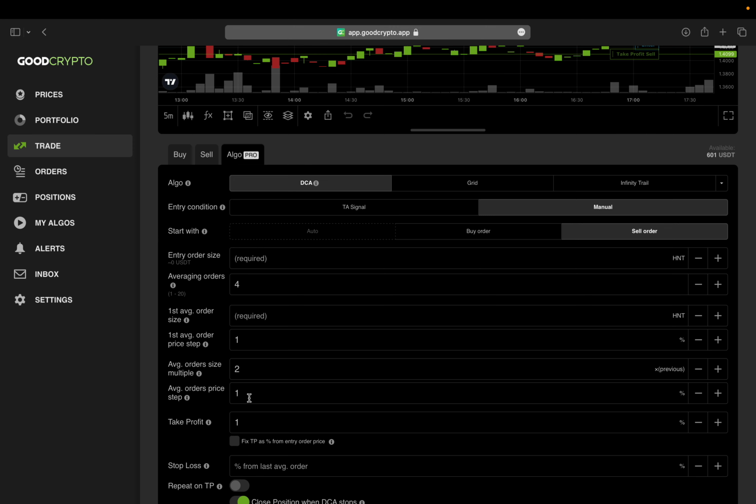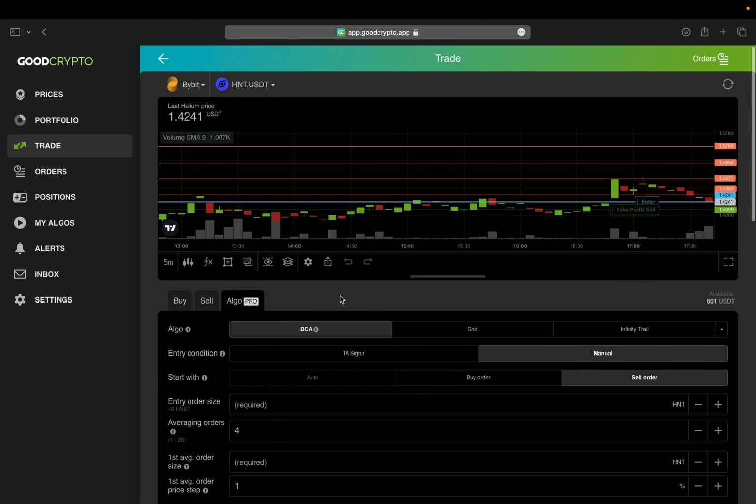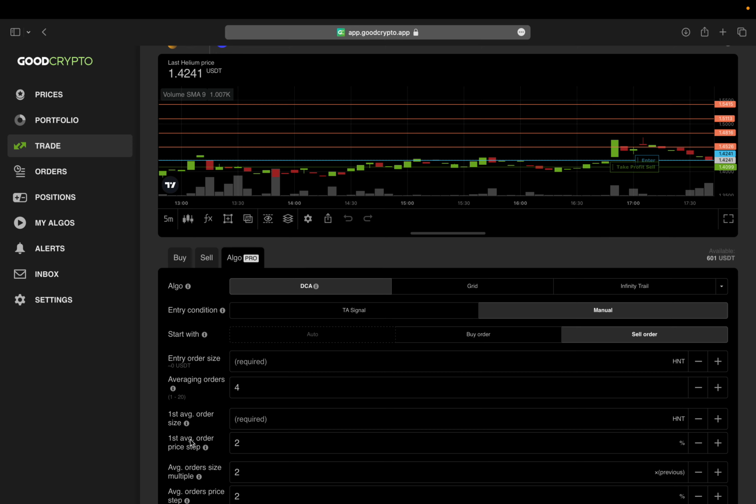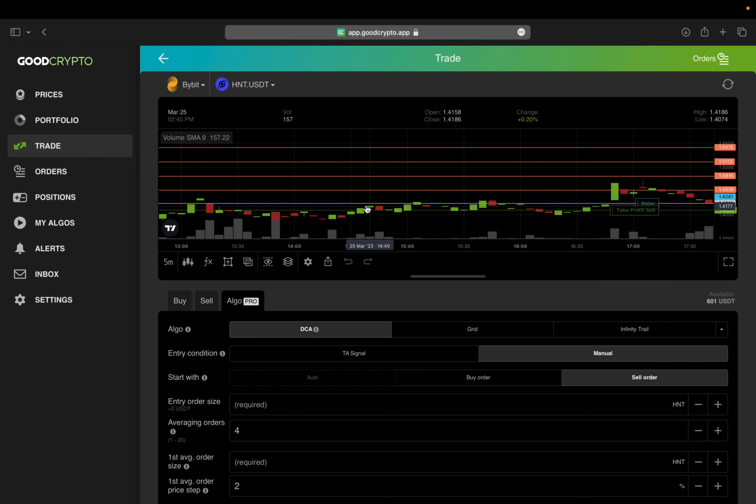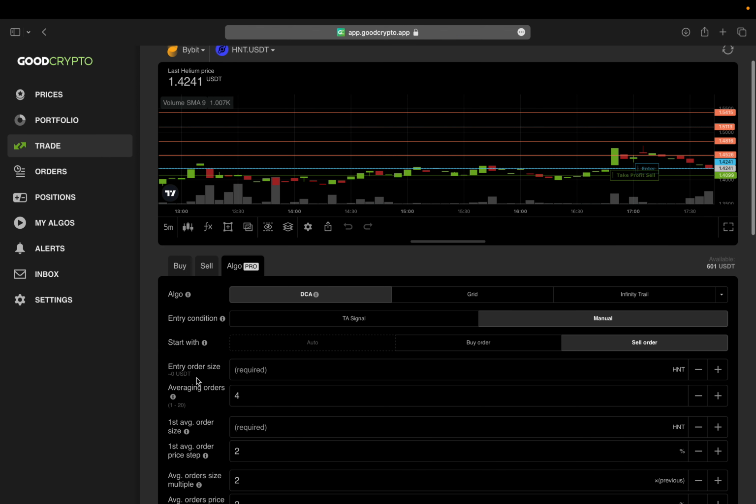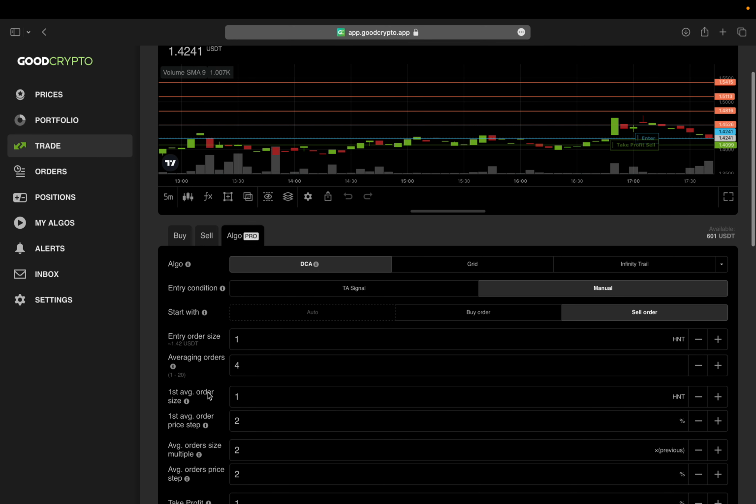So let's say I just want to increase the distance between them like this. I want to place take profits every 2% price change. So I have HNT on hand, and I place 5 sell orders with similar size. I will sell one HNT here.